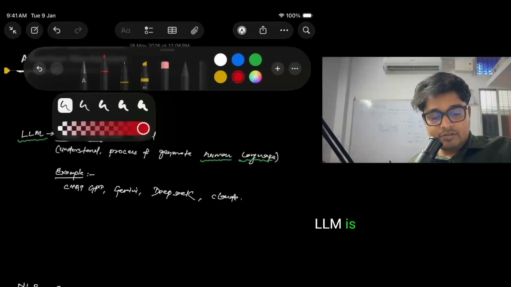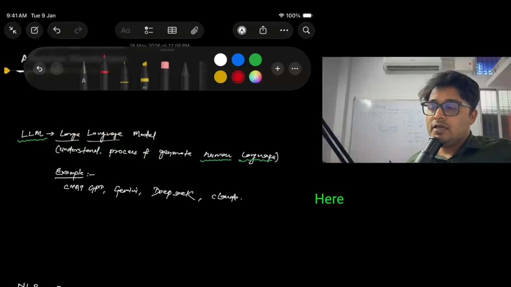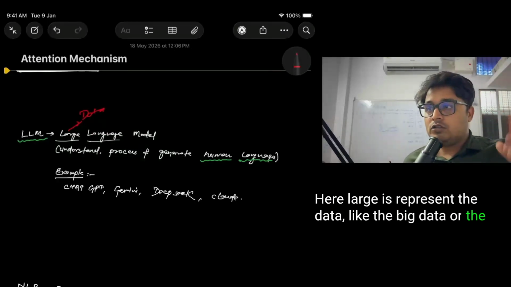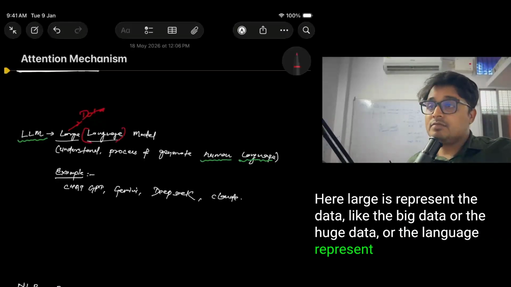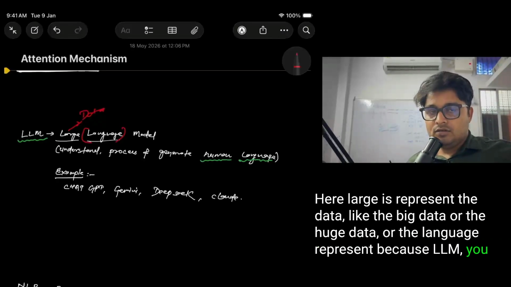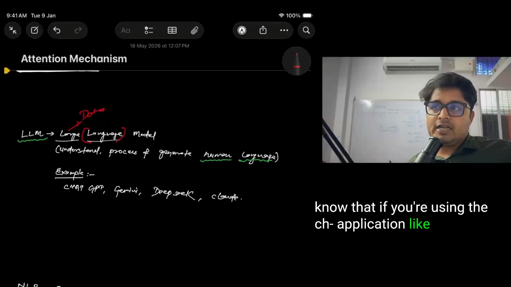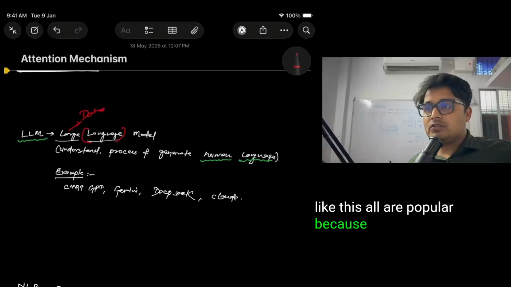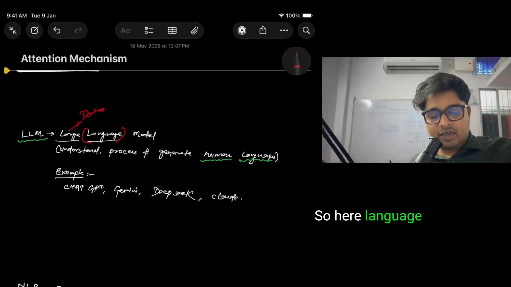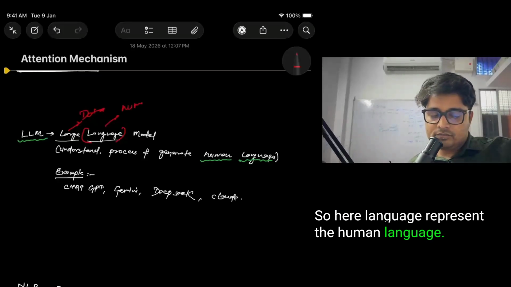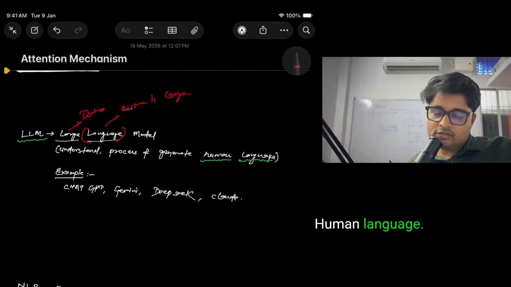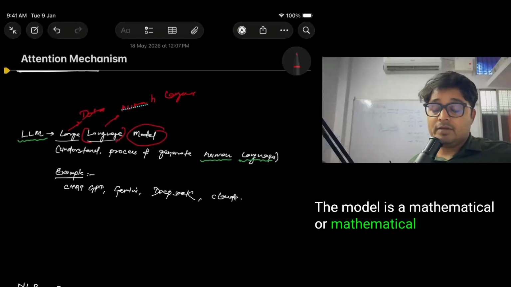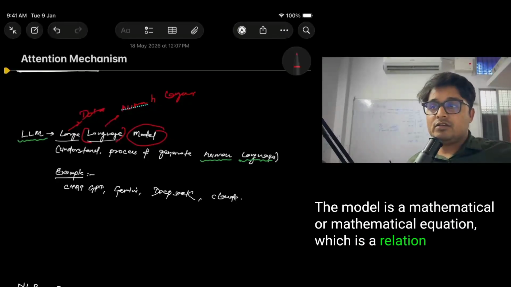Here, large represents the data, like big data or huge data, and language represents the human language, because applications like ChatGPT, Gemini or Claude are popular since they can understand human language. The model is a mathematical equation which captures the relation in the data.